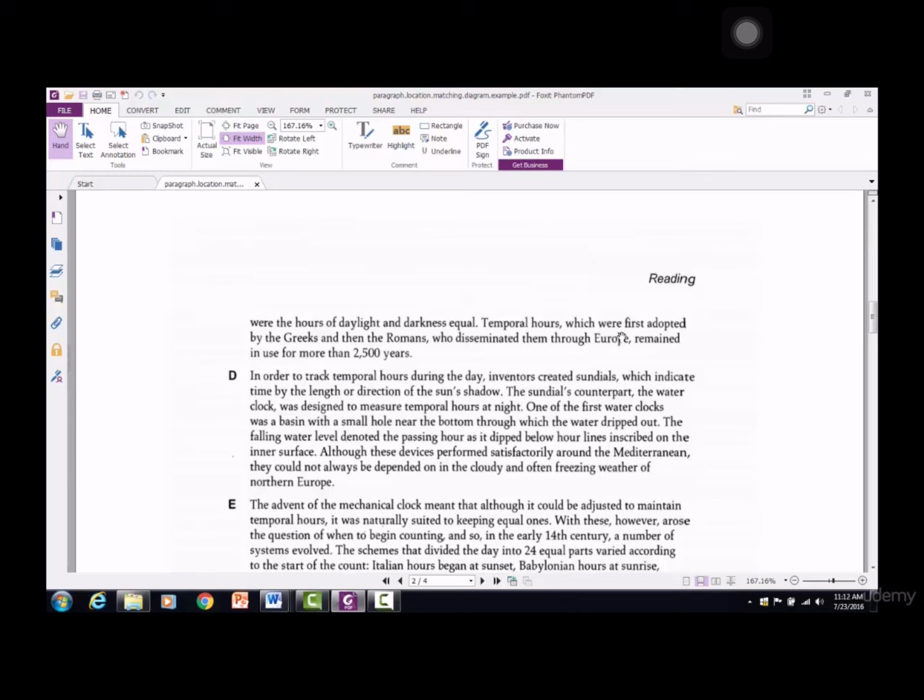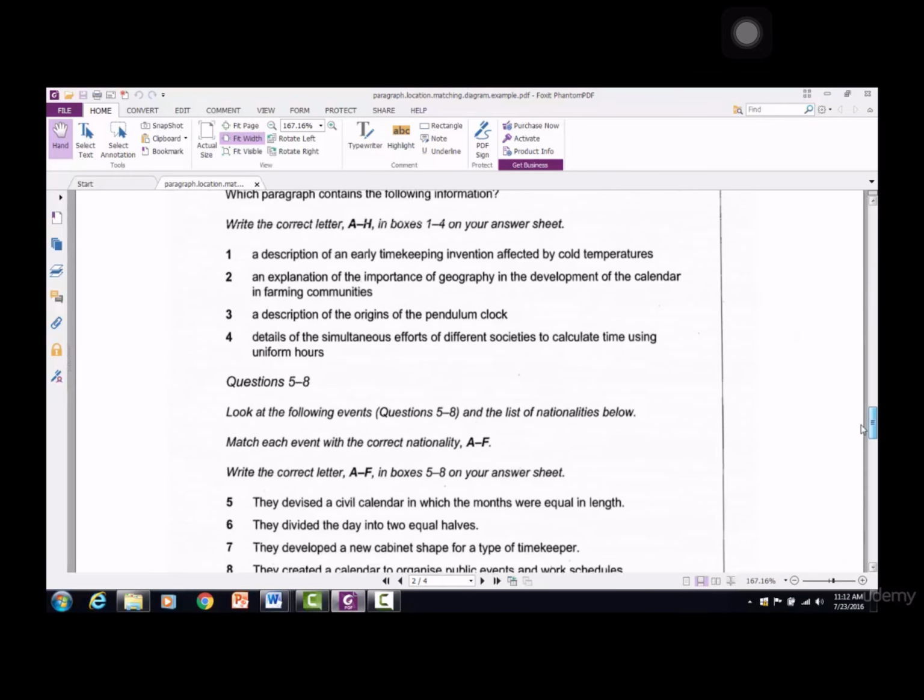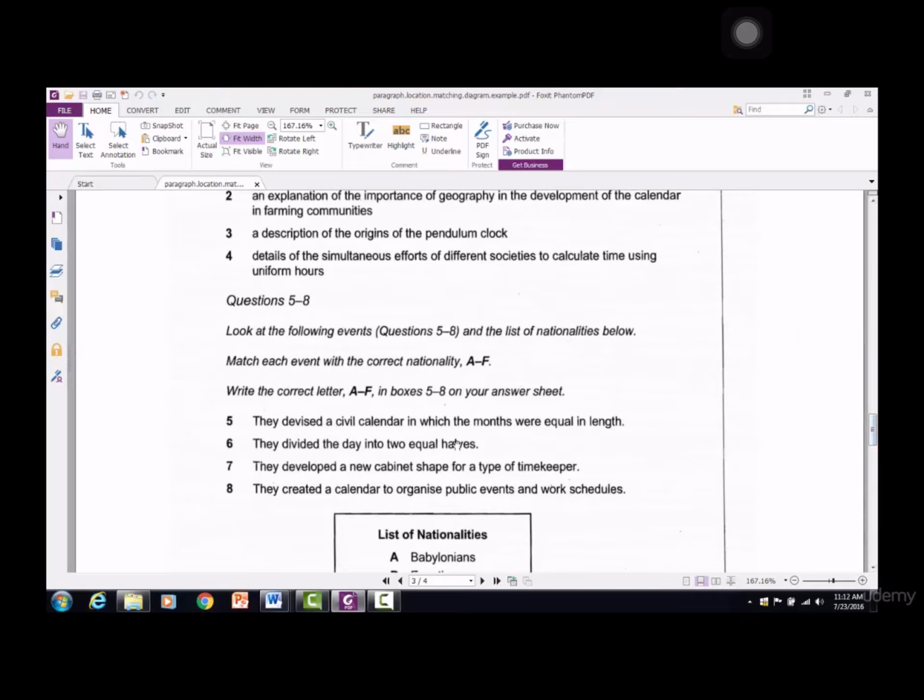Temporal hours, which were first adopted by the Greeks. Okay, I don't see that as a match for anything. 2 equal halves, no. New cabinet shape, no. 5 and 8 are already gone. So Greeks is not a match for number 6 or number 7.